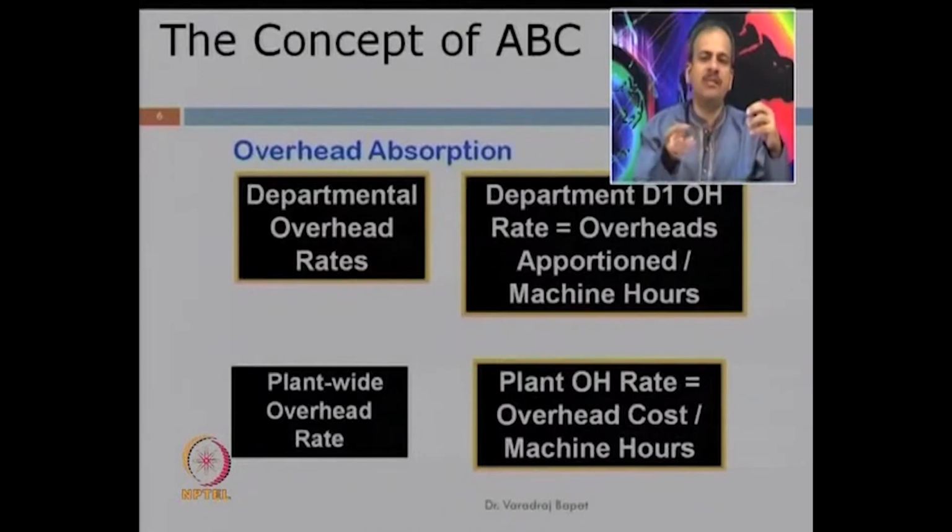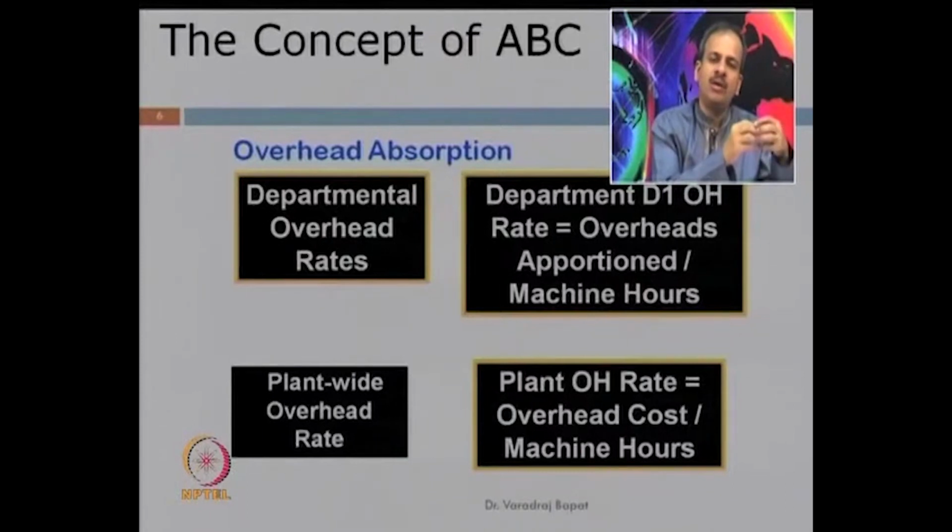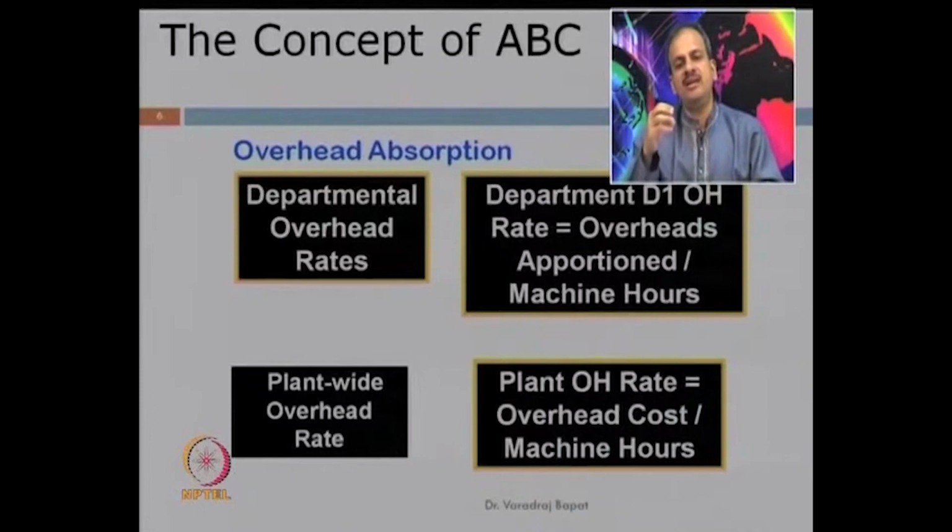Maybe rent is apportioned based on the area used. We may have storage costs or maintenance costs, which may be charged to the departments as per the services they consume. So we get the total overhead cost for the department, which is then divided by machine hours in that department, and we get the departmental overhead rate.